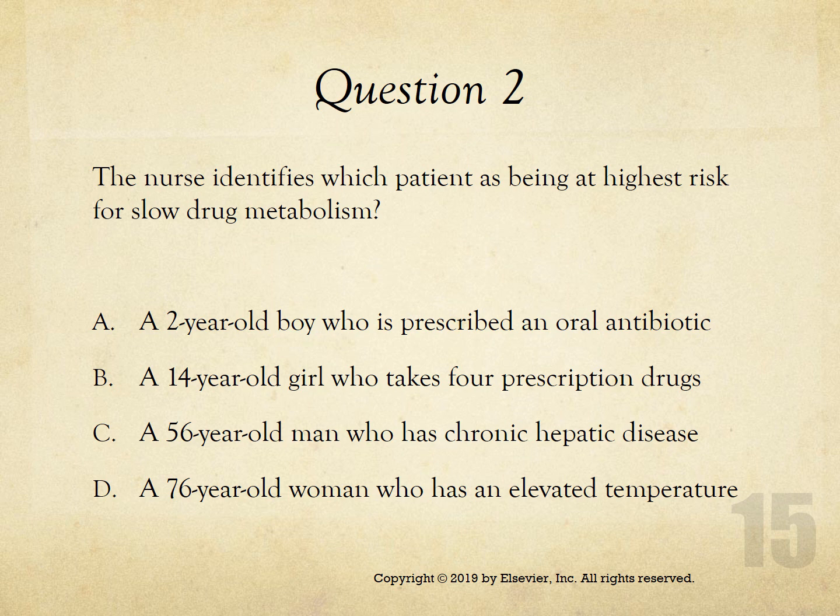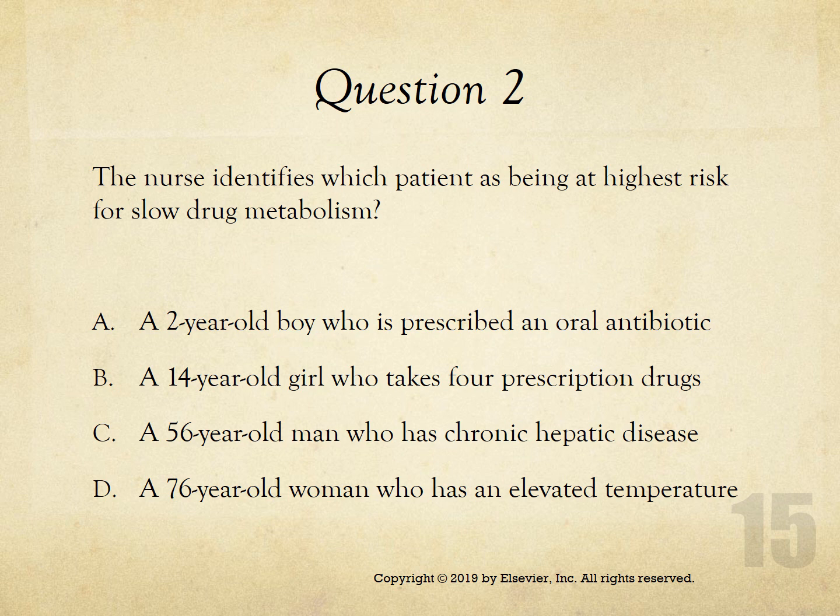The 2-year-old, by the time kids are 2, their organs are working close to adult level, so he should be pretty good. The 14-year-old is definitely the healthy one and taking 4 medications. You're not looking at an issue for slow metabolism there. You would just want to make sure that the medications given don't have any major drug-to-drug interactions.